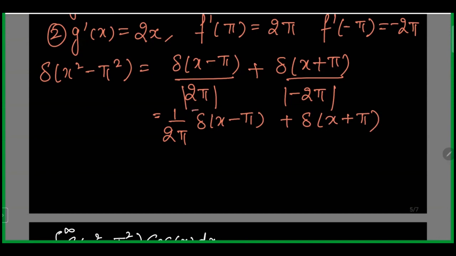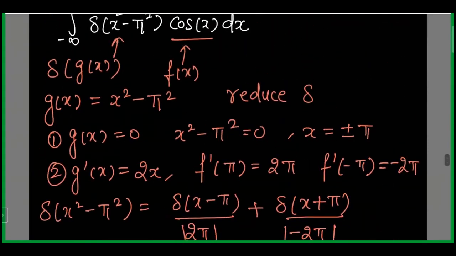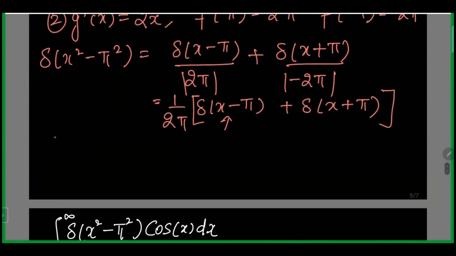So I have now reduced my delta function, because these are simple functions. I know how to deal with these ones. Now let's go back to the question. I reduced this thing, and now I will put the value here so you can see.